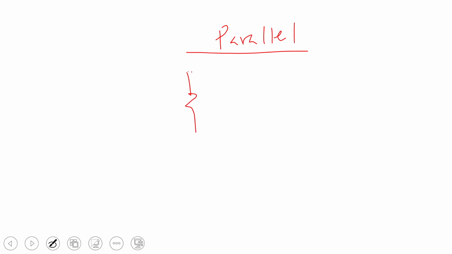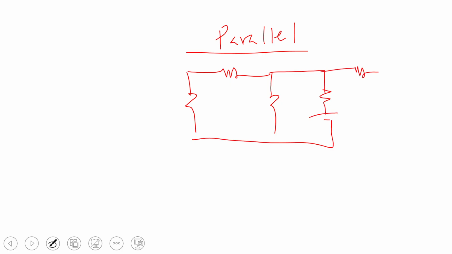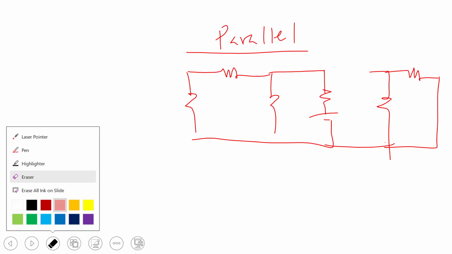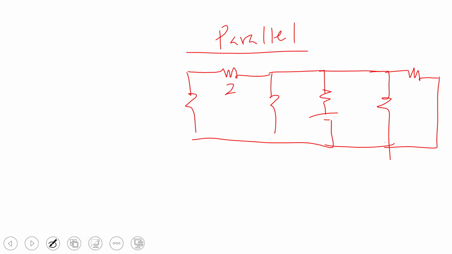Let's say I have a circuit like this. Let me take this one off here so that it becomes interesting. 2, 4, 6, 8, 10, 3.